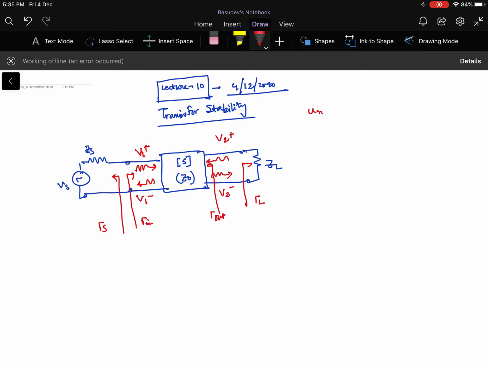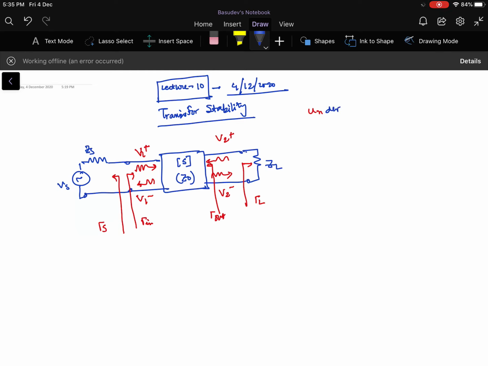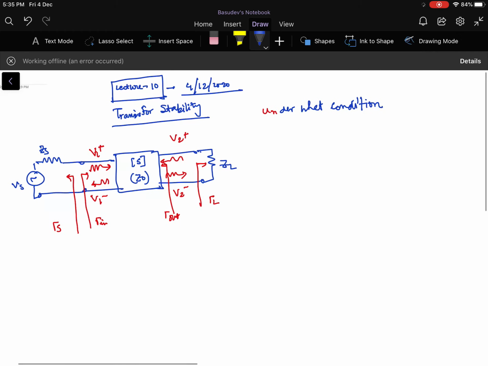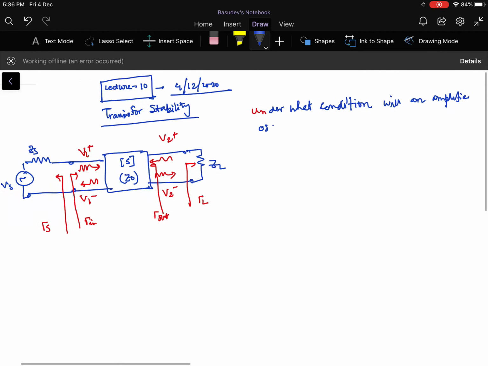under what condition will an amplifier oscillate?